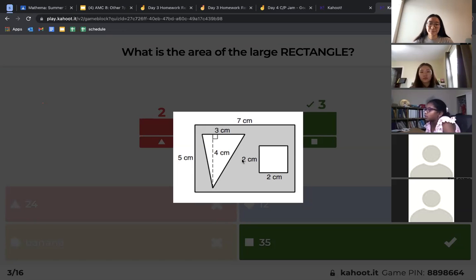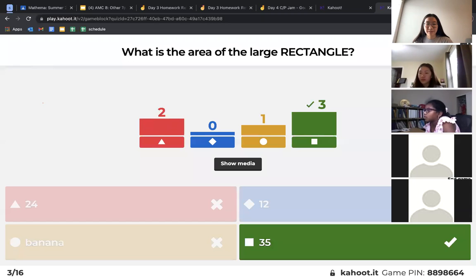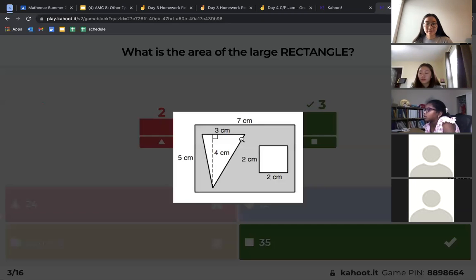Okay, so this one, I think there's some confusion, but you don't have to subtract the triangle and the square. We were just asking for the large rectangle. Sorry if that messed you up. But basically it's just asking 7 times 5.